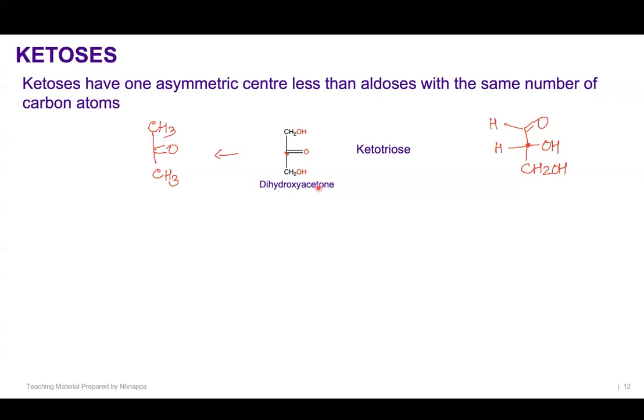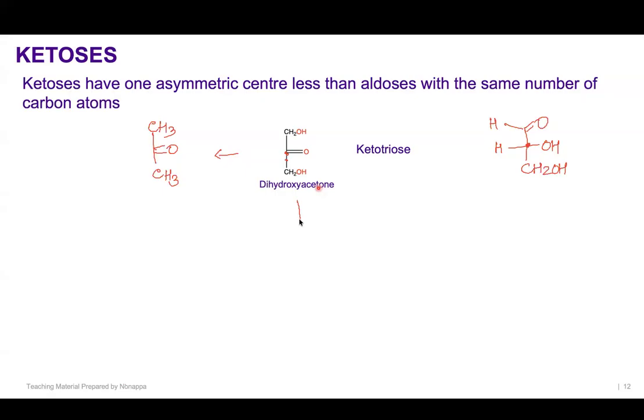The definition says that in carbohydrates, the hydroxyl group on the bottommost chiral carbon should be on the right side. So if we want to increase one carbon, that must come here. That fulfills the definition because the ketone group is close to the top of the chain.